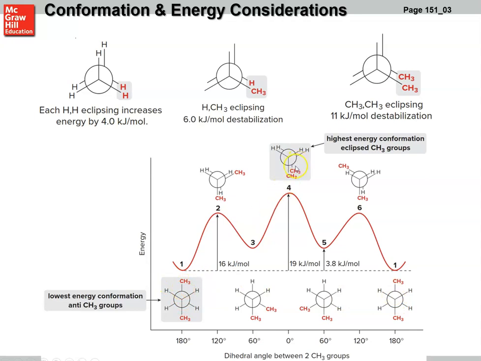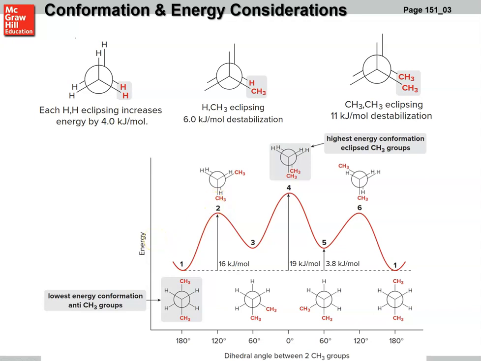So eclipsed is highest when they're right on top of each other, and staggered is where they're on the exact opposite sides of their respective carbons. And then there are intermediates where they're still close to each other, not on the other side, but also staggered or overlapping hydrogen-carbon groups. So just some examples of where this is going to be leading.